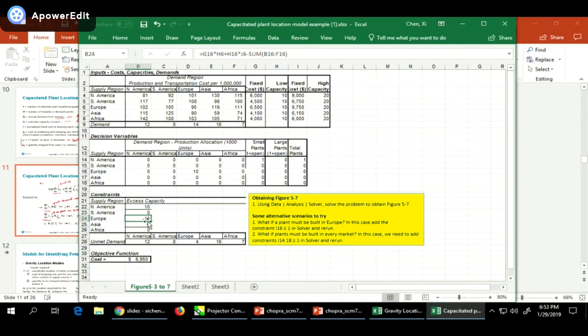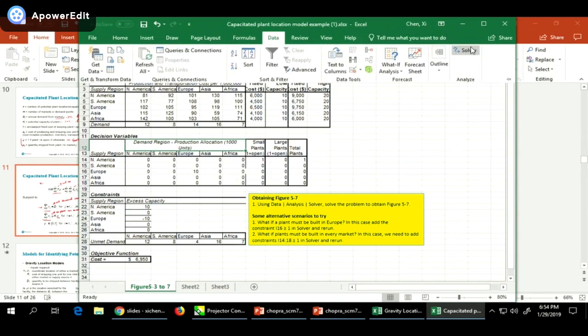And in Europe, in fact, we didn't open anything here, but we decided to produce 10 units here. So excess capacity is minus 10. And of course, according to our constraints, this situation should not happen. Now, let's look. The rest is Excel solver.